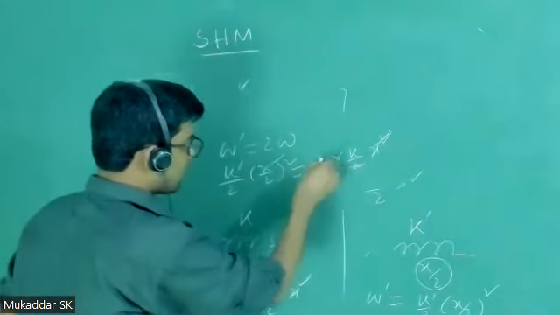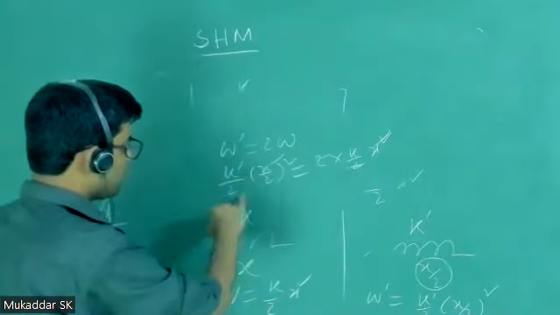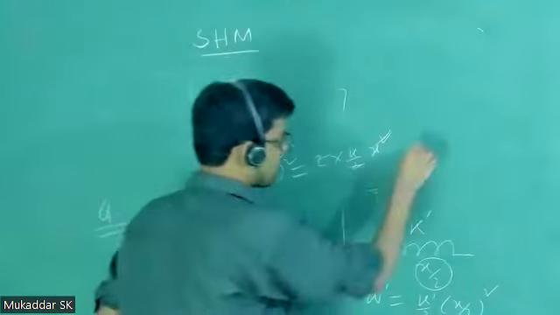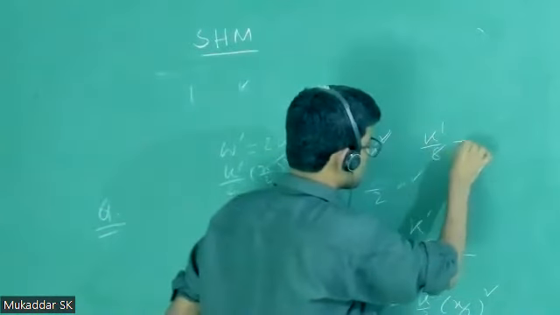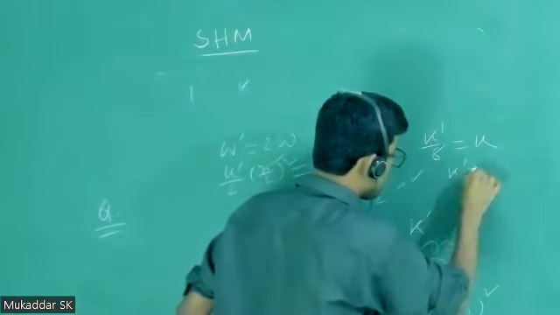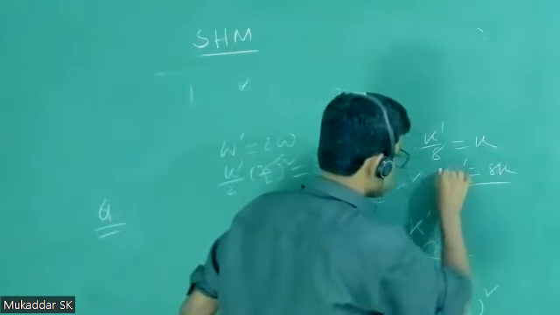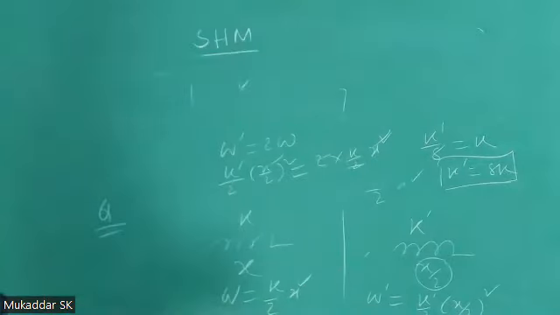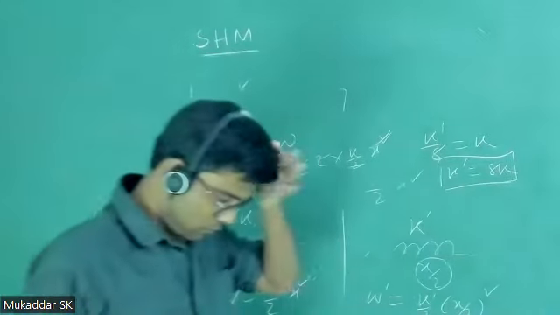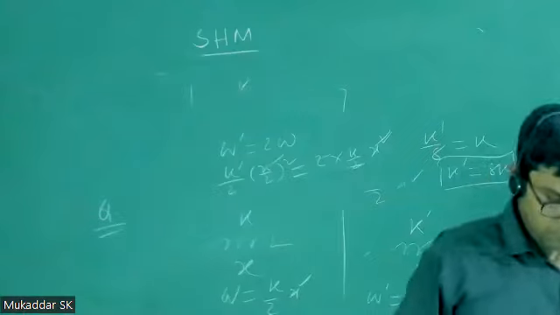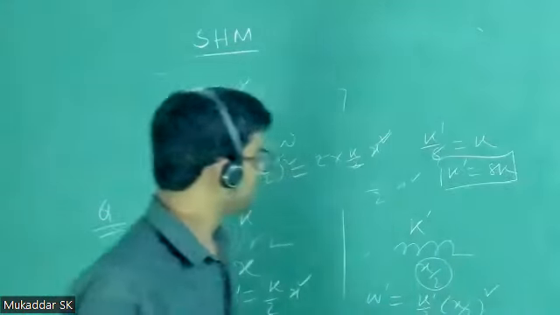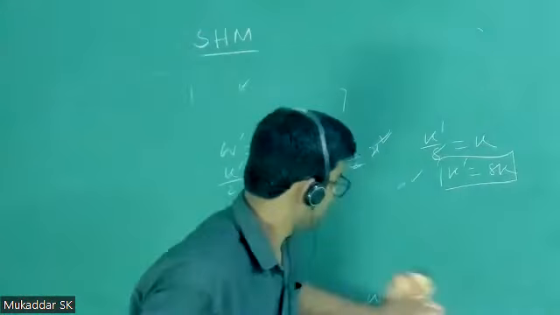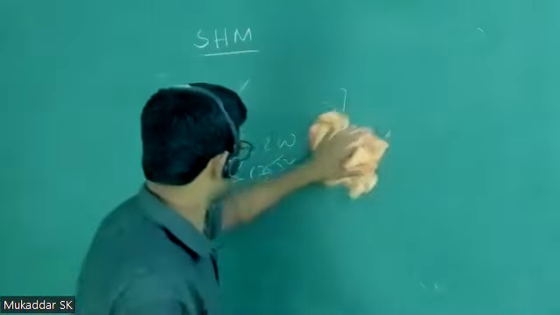The square of 1/2 is 1/4 and you have a 2, so that will be 8, right? And so k prime by 8 equals k, which implies that k prime equals 8k. k prime equals how much? 8k.